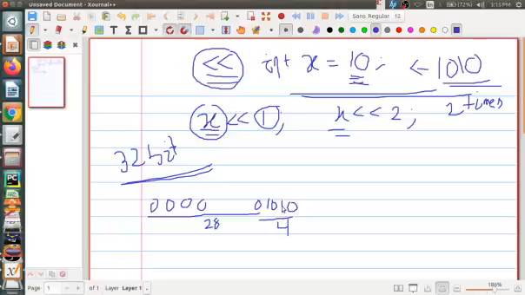Think of all bits as stored in boxes. There are 32 such boxes.